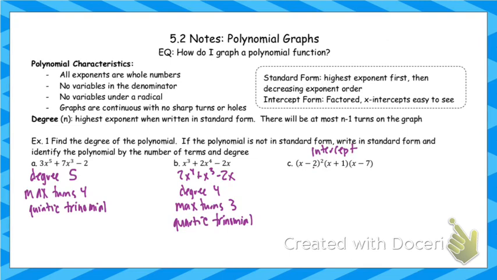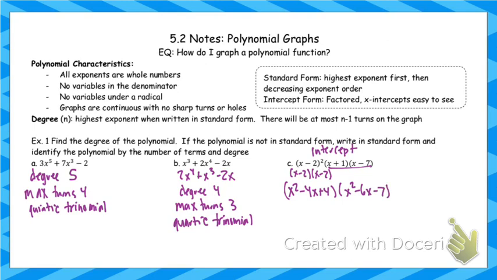So x minus 2 squared, remember that actually means x minus 2 times x minus 2. So if I multiply that out, I get x squared minus 4x plus 4. If I multiply x plus 1 times x minus 7, I get x squared minus 6x minus 7.